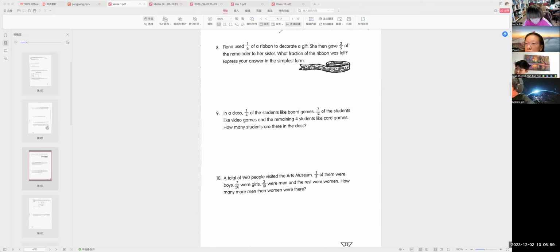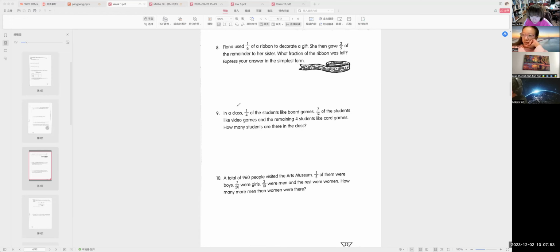Okay, in a class, 1/4 of the students like board games, 7/12 of the students like video games, and the remaining 4 students like card games.